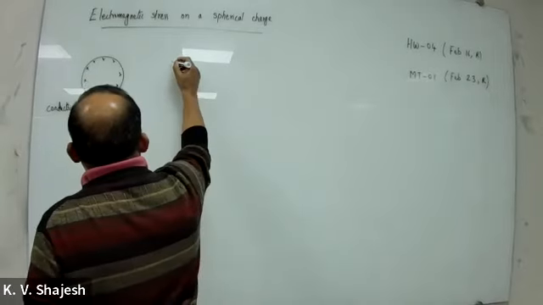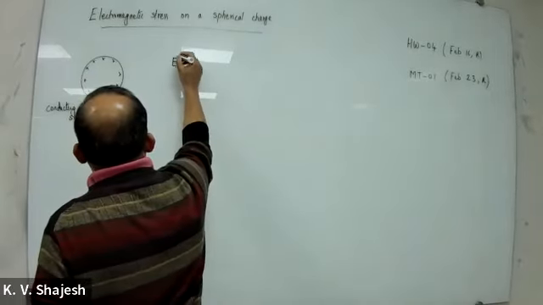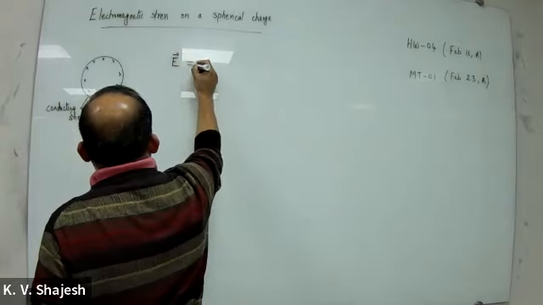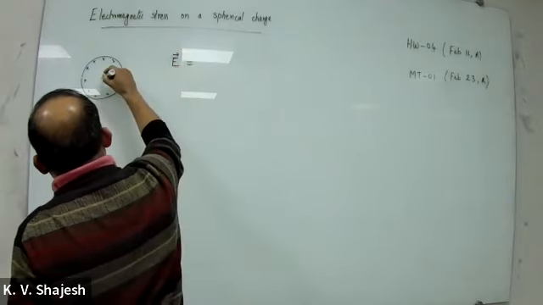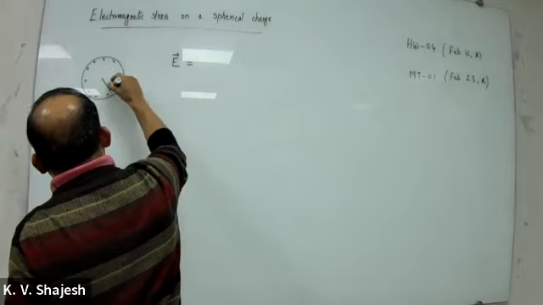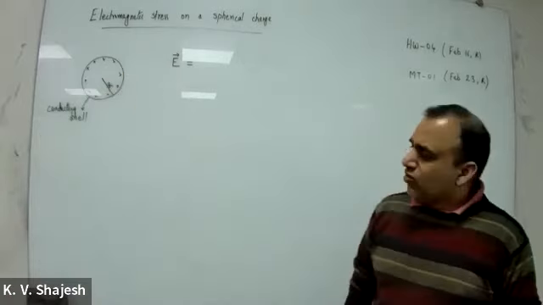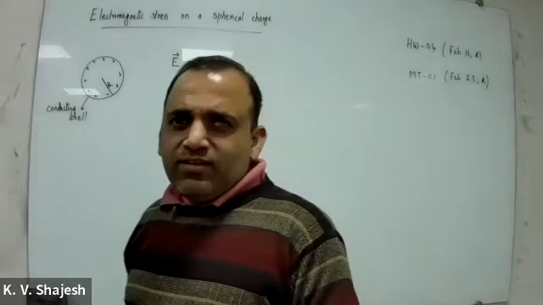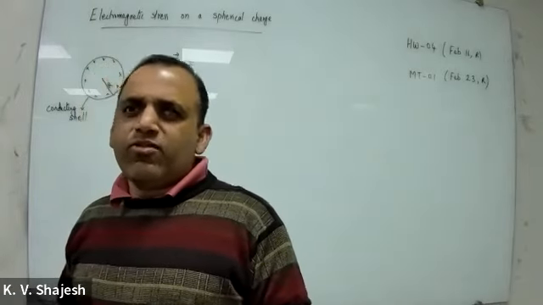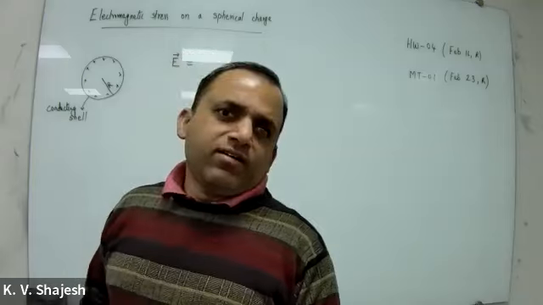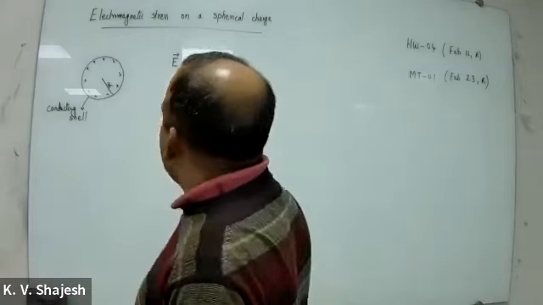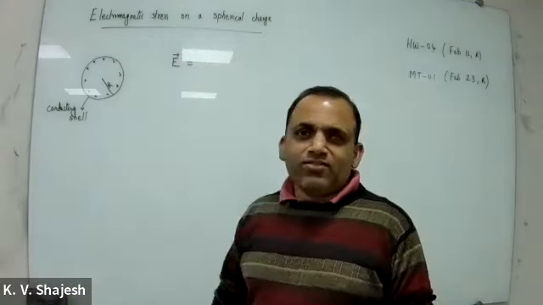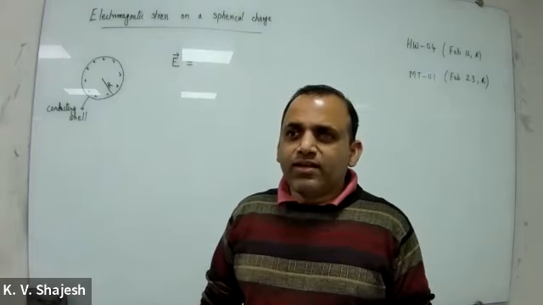What's the electric field due to such a sphere? That is a radius r. What's the electric field due to a spherical distribution of charge of radius r, inside or outside? Let's do both. Let's start with inside. Inside is 0.